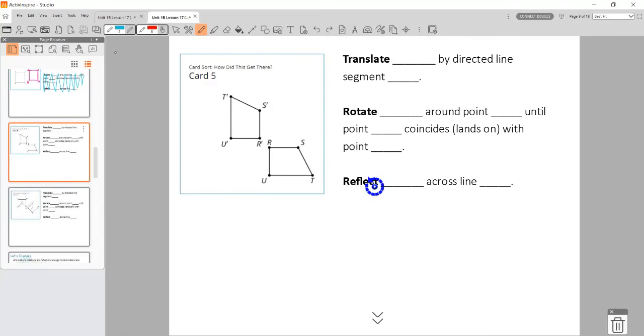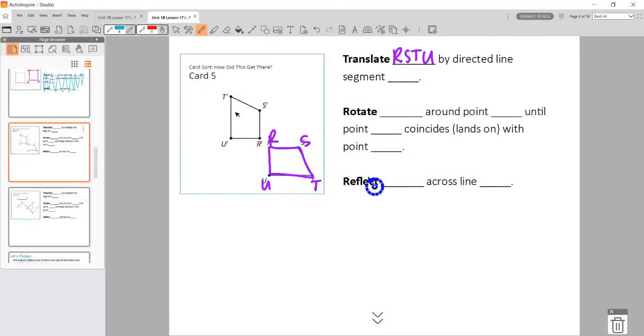Card 5. So now we're going to take, and here's the original shape, RSTU. And again, they're not touching. So we're going to have to translate it to get it touching. So we're going to take RSTU and we're going to translate it by the directed segment.